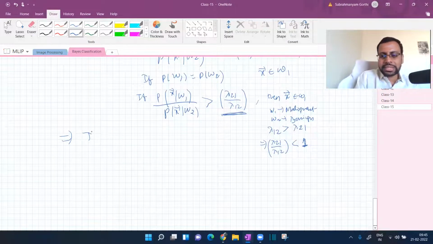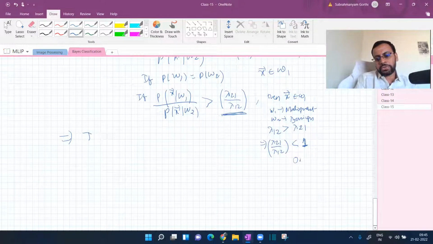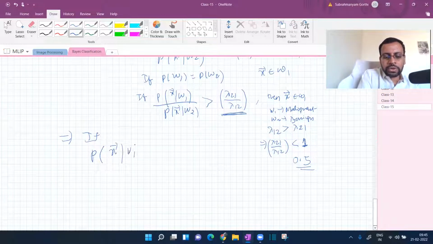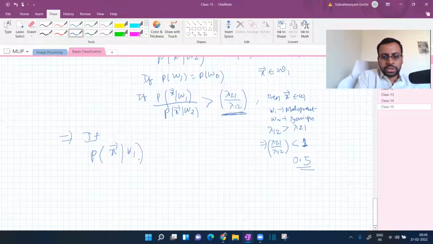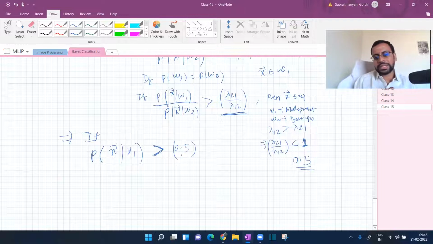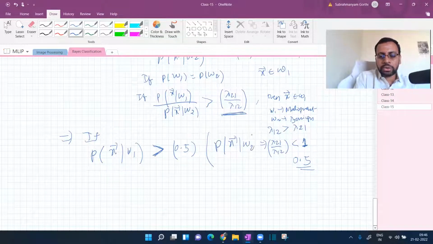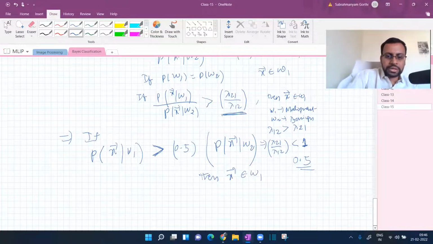For example, let's consider this as 0.5. So if probability of x bar given omega 1 is greater than 0.5 times probability of x bar given omega 2, then you assign x bar to omega 1.